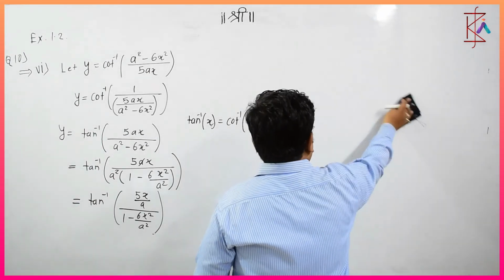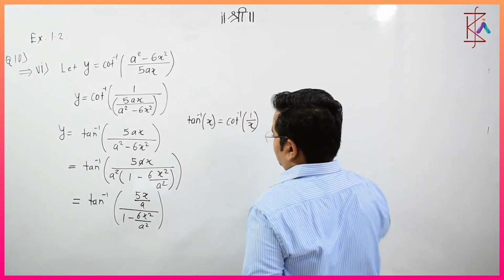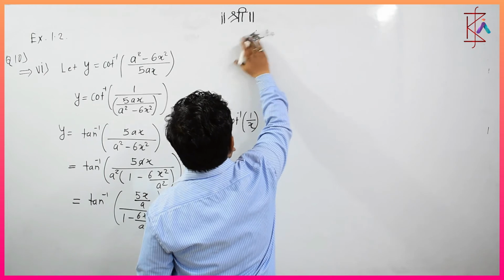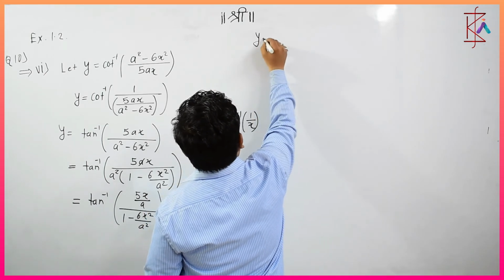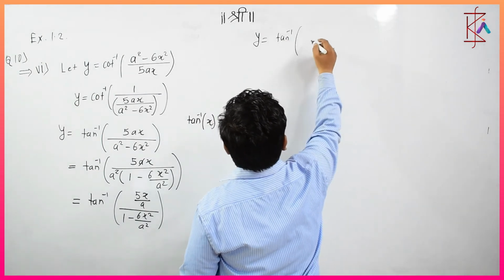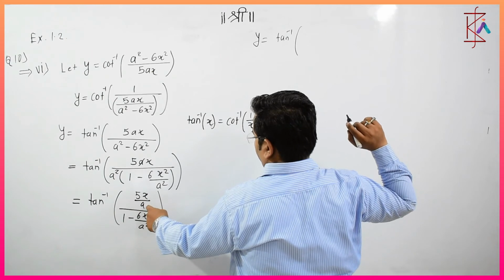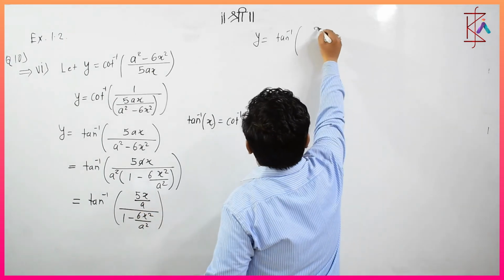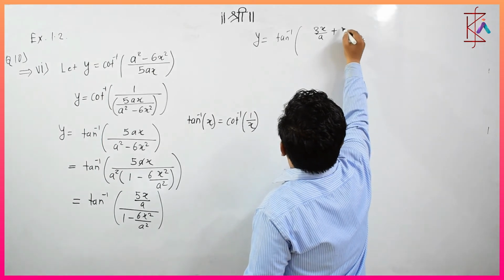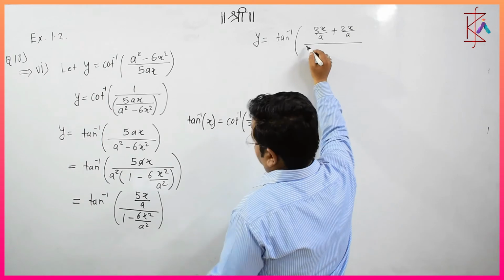Now next step is, again we need to hold the quantity up to one particular task. So dy upon dx, so no, not dy upon dx, y is equal to tan inverse of, what I can see is that 5x upon a is nothing but 3x upon a plus 2x upon a, divided by, again this quantity.